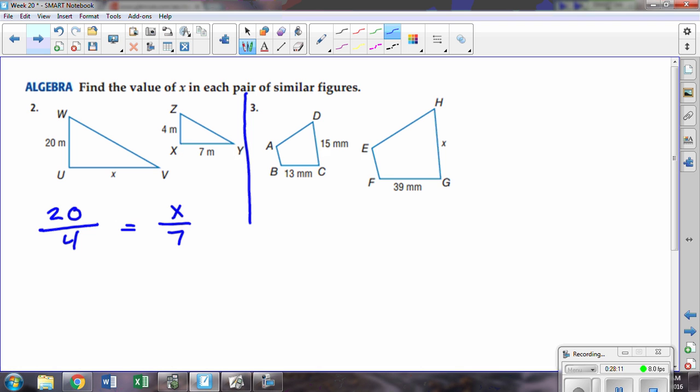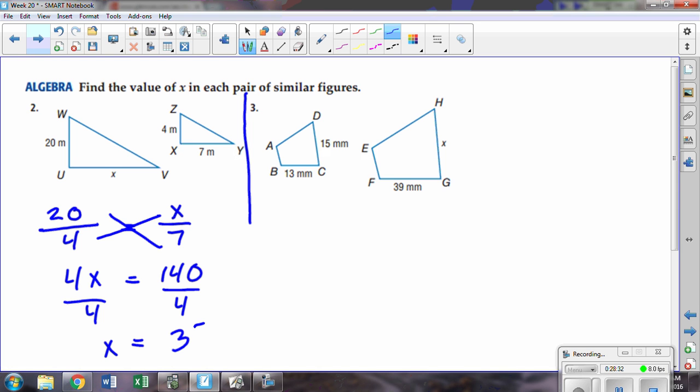We can cross multiply 4 times x, 20 times 7, and then divide by 4. 140 divided by 4 will equal 35. And so we're done. For the problem on the left, x is 35.